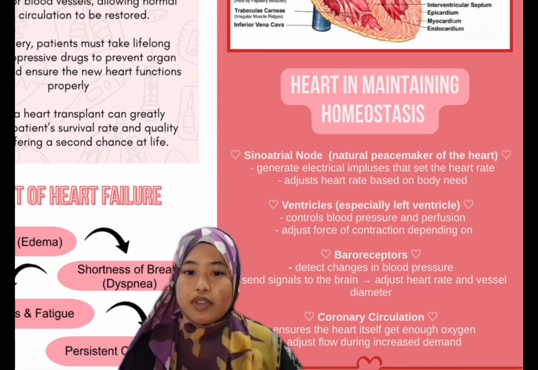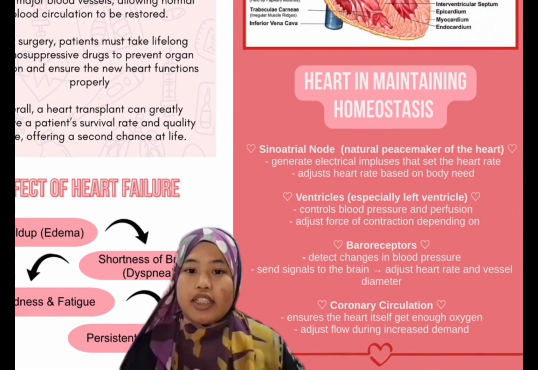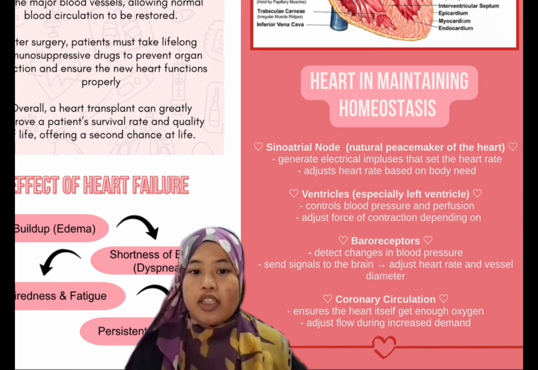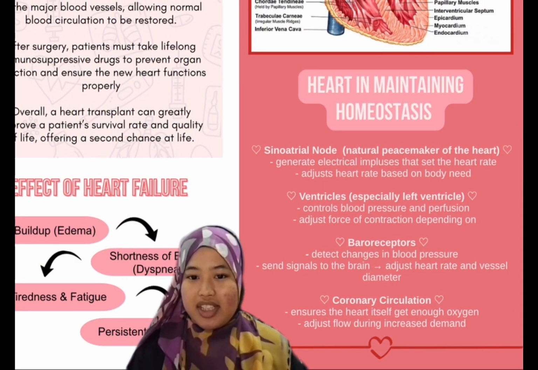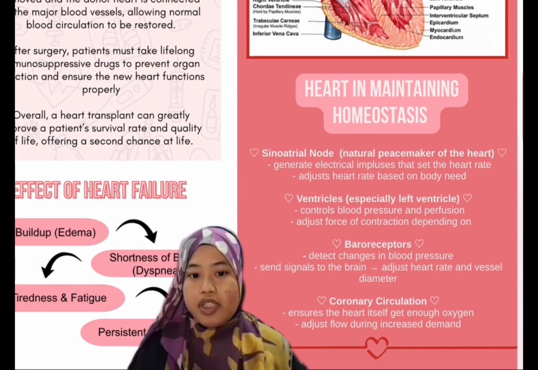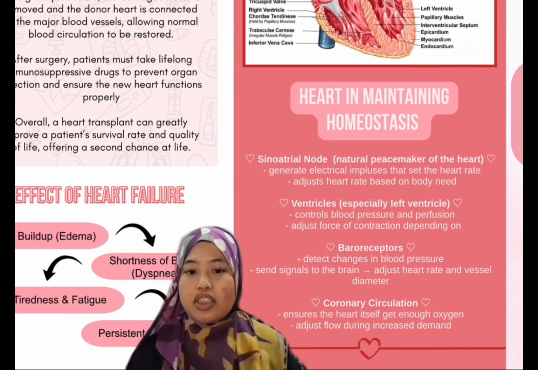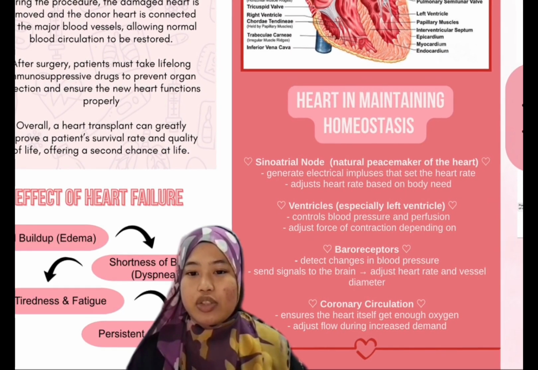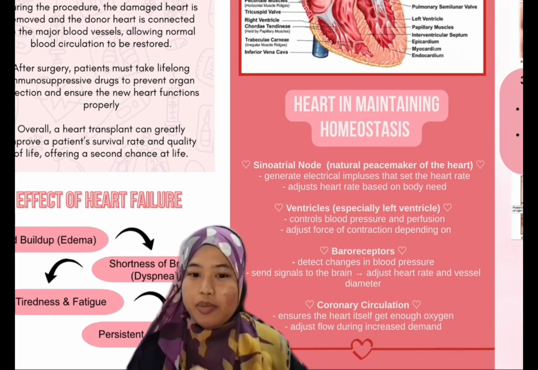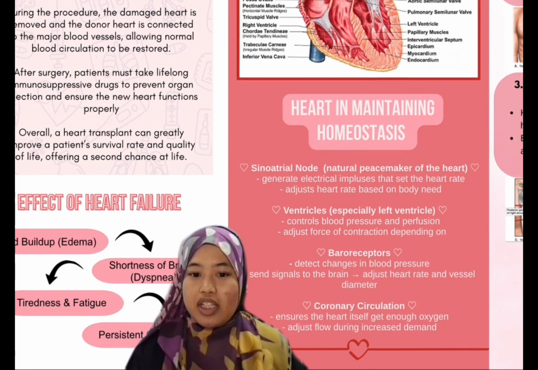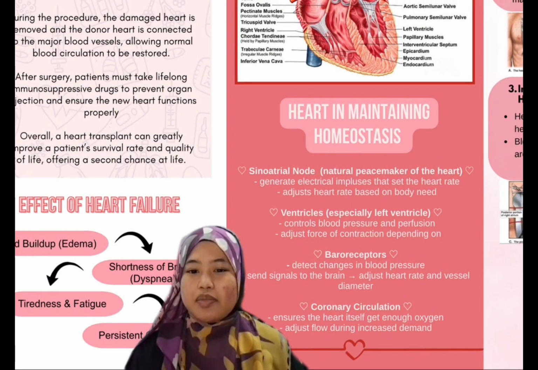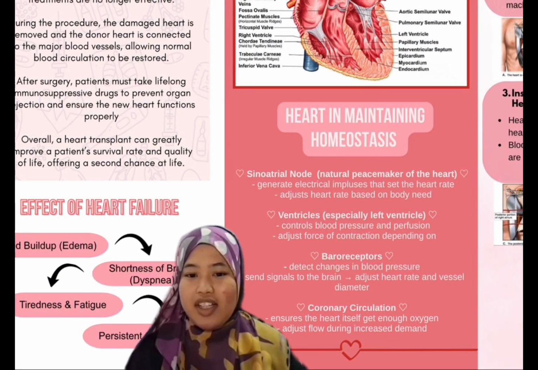Now we move on to homeostasis. First, the myocardium. The myocardium acts like a primary driver of blood pressure. By adjusting the force of its contraction, it ensures that even the furthest tissue in your body receives adequate perfusion and oxygen.